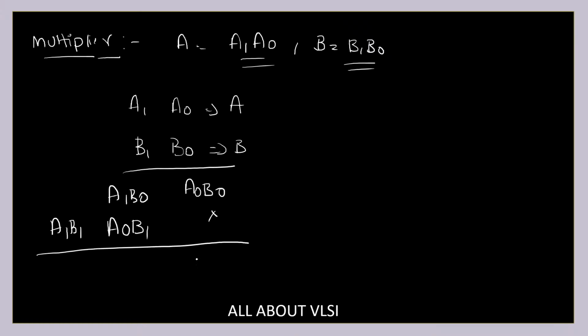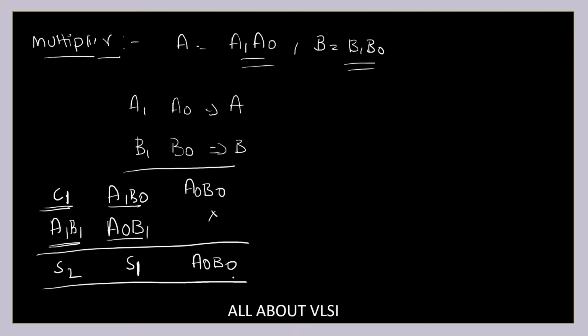I'm going to add these so that I get A0 B0, and adding the next terms gives a particular sum, let's say S1. I'm also going to get one carry, let's say C1. I add this carry C1 with the other product term and then I get S2. So this is what I get if I multiply.